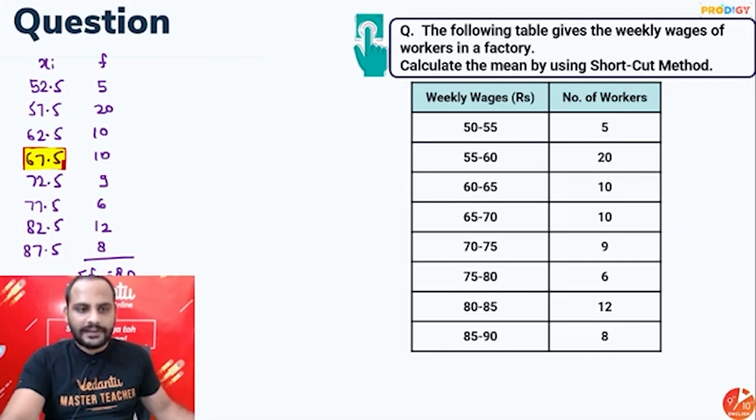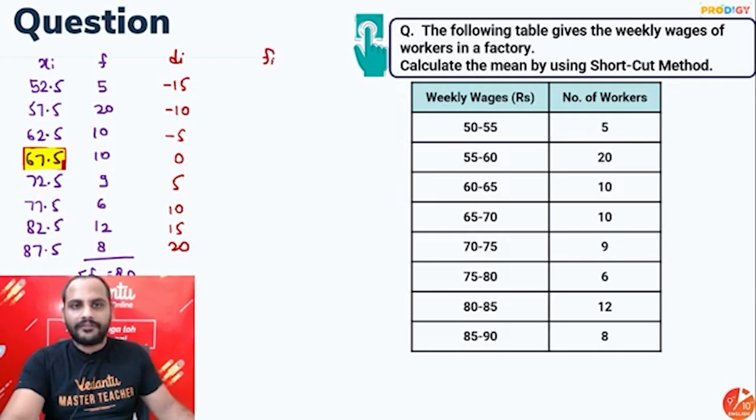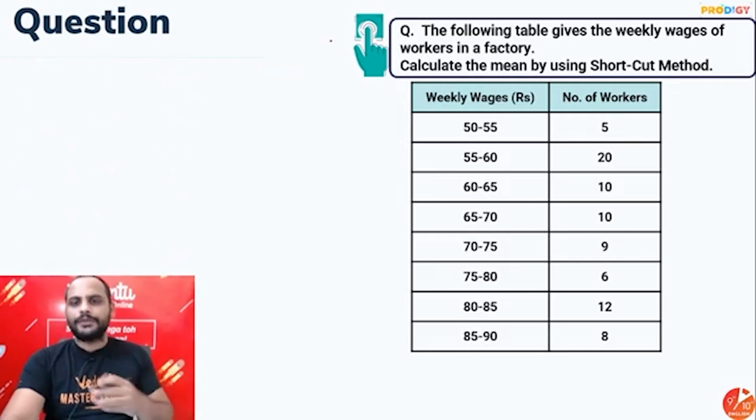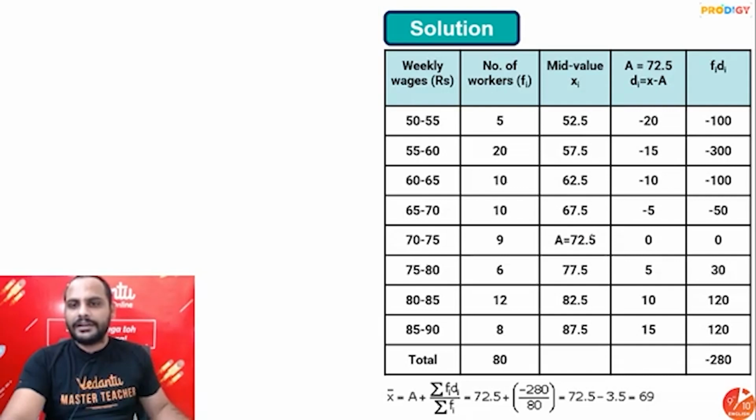So the values of di, now what will it be? The di values will be 52.5 minus 67.5, which is equal to minus 15, minus 10, minus 5, 0, 5, 10, 15 and 20. Then find out fi into di. Solve it, you will get your answer. Same thing everywhere. Here they have assumed 72.5 as the mean.